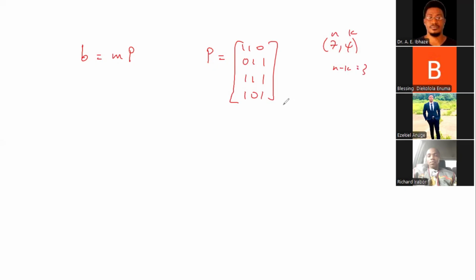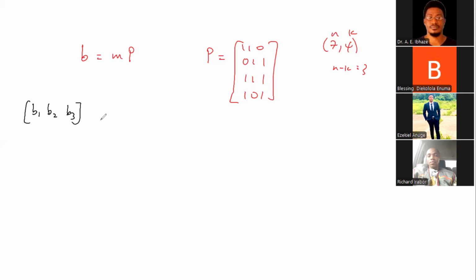Now, if we're able to provide an accurate generator matrix, then this parity part will give us the system of equations to generate this sequence. So I'm now going to have B1, B2, B3.